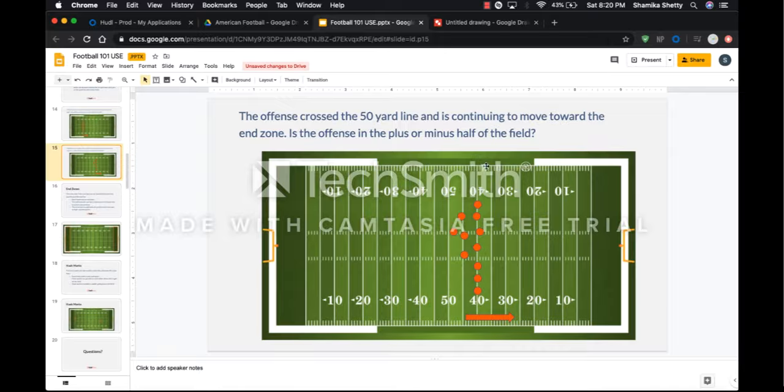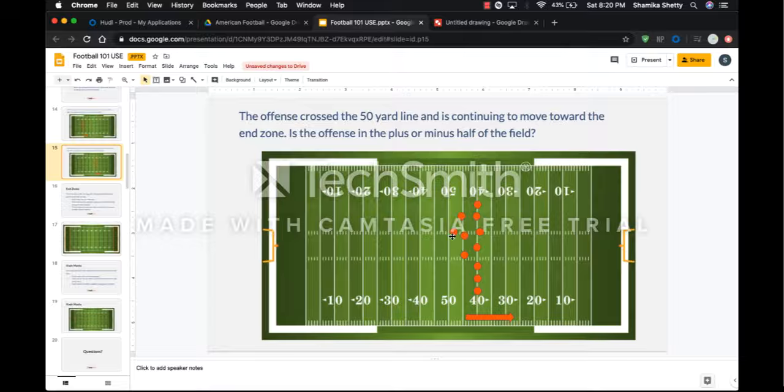This is where the play will start. So you usually have one referee behind the offensive team, one referee standing behind the defensive team, one referee will stand on either side of the line of scrimmage, and there will be 2 other referees standing randomly on the field. So that's how 4 to 6 referees are placed.